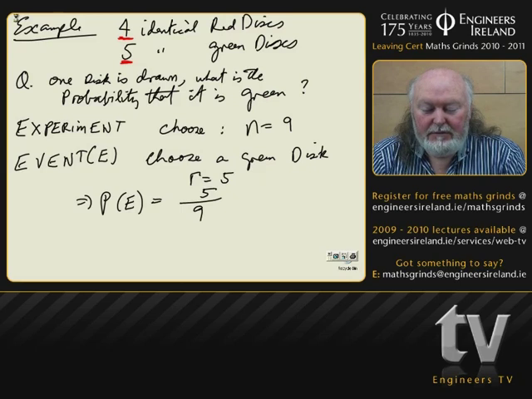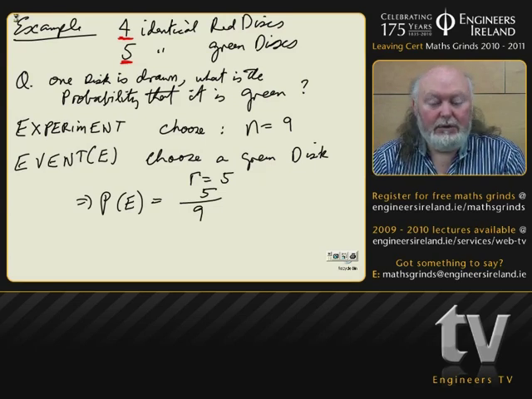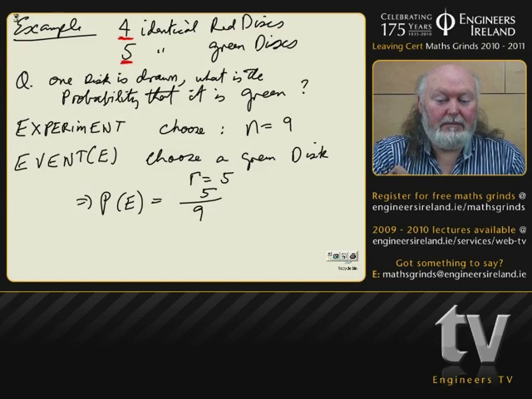Don't dismiss this simple problem because it was deliberately put into this book so that you do not make the mistake of considering identical items as just being one item. They're not. They're separate.